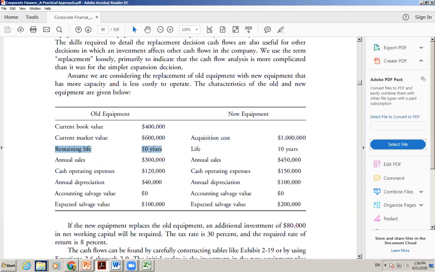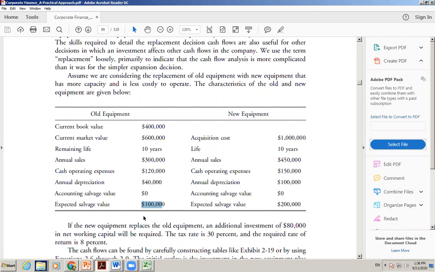Remaining life is 10 years. Annual sales 300,000, so annually you sell it for 300,000. Cash operating expenses 120,000. Annual depreciation 40,000. And expected salvage value 100,000. So at the end of the year of the termination, you will have this.